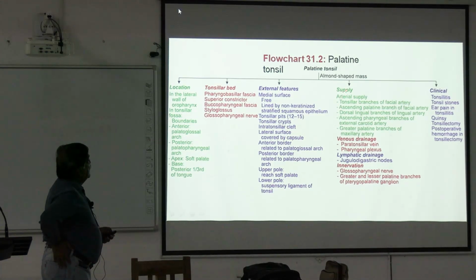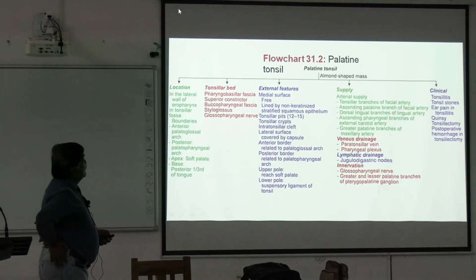Now blood supply, arterial supply, tonsillar branch of facial artery, ascending palatine branch of facial artery, dorsal lingual branch of lingual artery, ascending pharyngeal branch of external carotid artery, greater palatine branches of maxillary artery. Now venous drainage, paratonsillar vein and pharyngeal plexus.